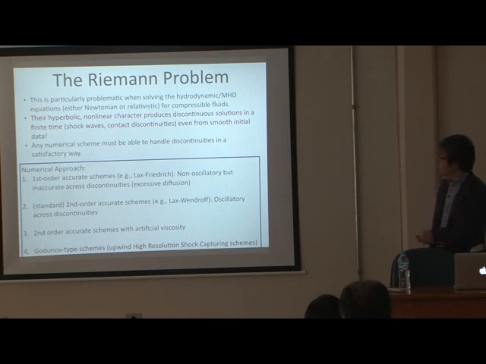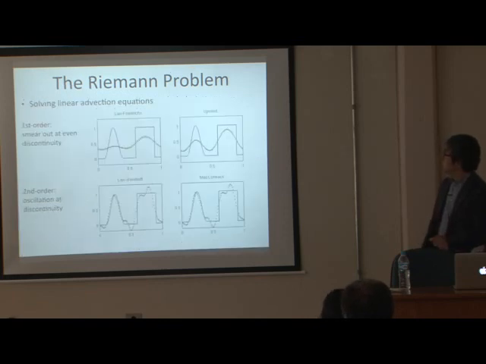So I will try to show some examples of these a little bit later. This is solving the linear advection equation. The top panel shows the first order scheme, the famous Lax-Friedrichs or upwind scheme. Initially we set up this blue structure.